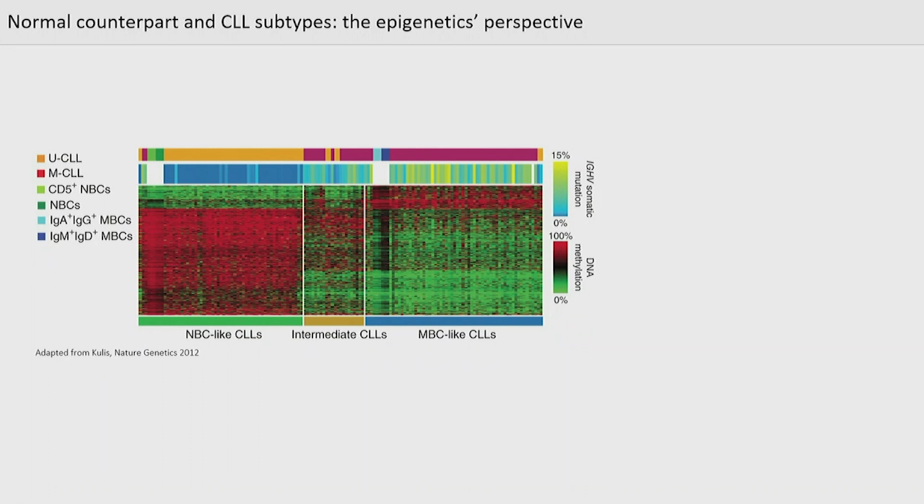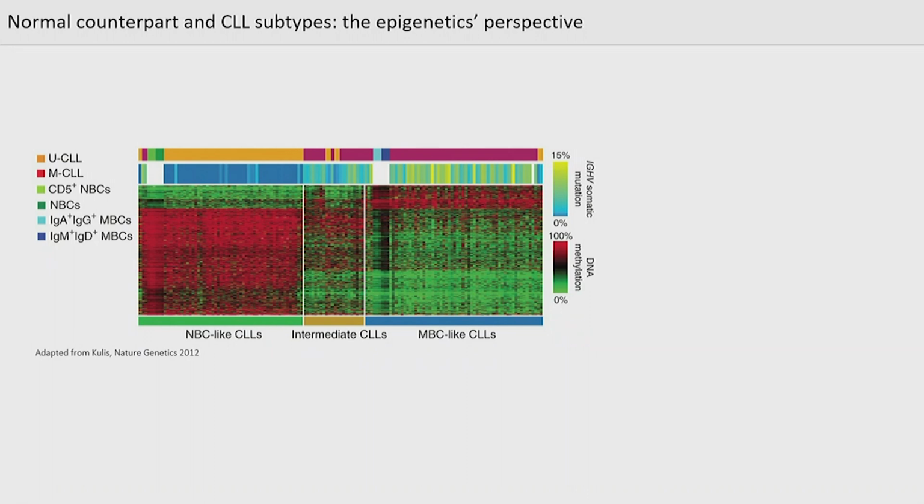And we found a group of patients on the left that had a methylation profile that was very similar to the naive-like normal B cells. On the contrary, we had another methylation profile of the CLL that was very similar to memory-like cells.